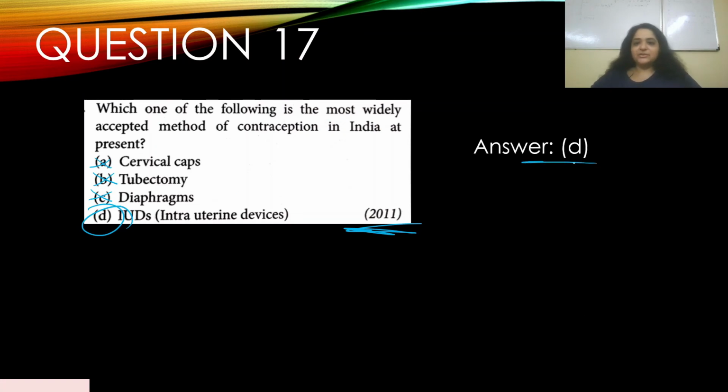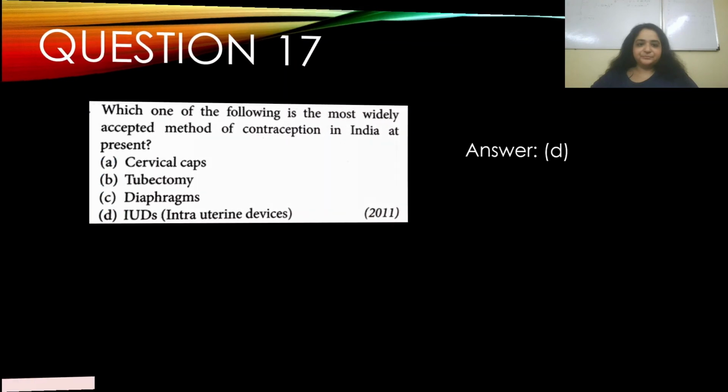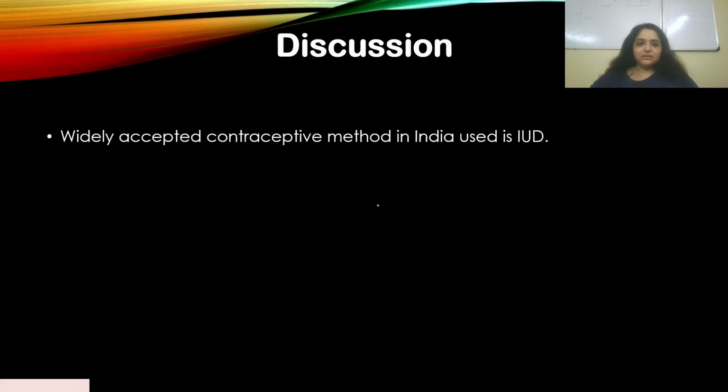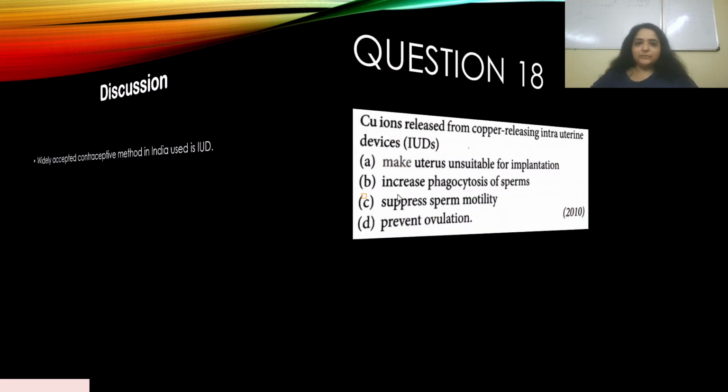So the answer is D. The widely accepted contraceptive method in India is the IUD, intrauterine devices. Like copper T or the hormonal IUDs, these are the widely used methods. Okay, clear, let's move on.